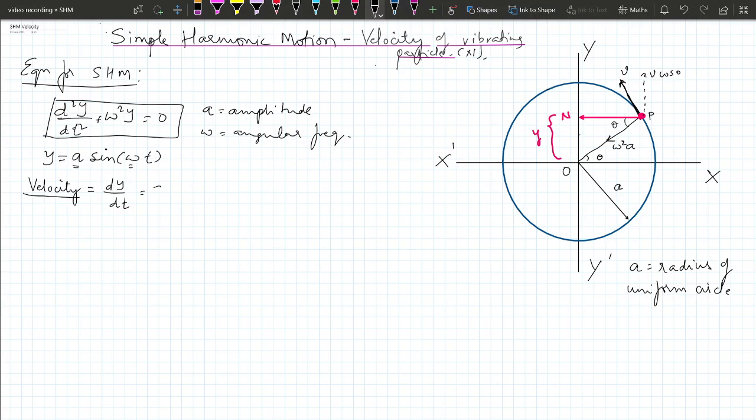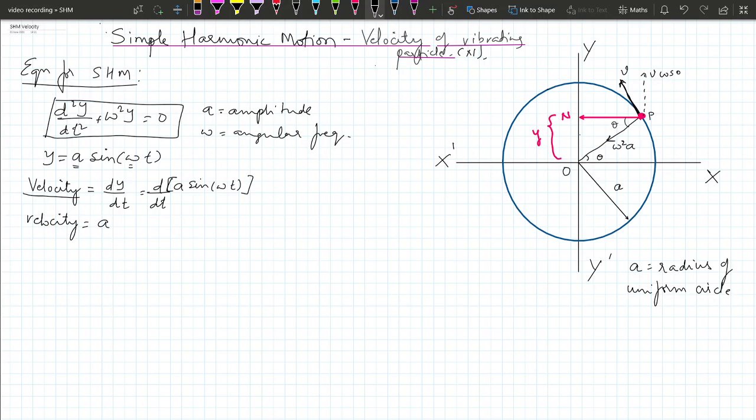If I differentiate y equal to a sine omega t, the velocity of the vibrating particle is given by a, as it is because it's a constant.